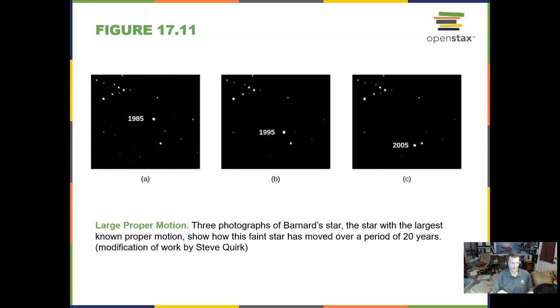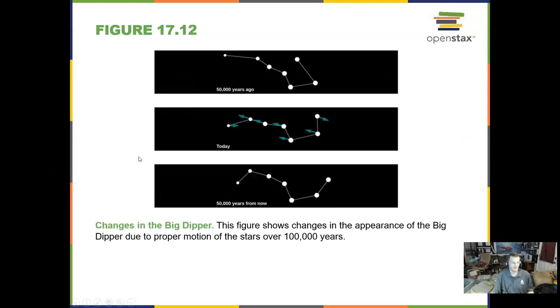Some stars that are nearby have a large amount of motion that we can photograph. We call that motion proper motion. It is a sideways motion in the sky. We cannot tell proper motion coming towards or away from us. Barnard's star was a famous type of star like that.